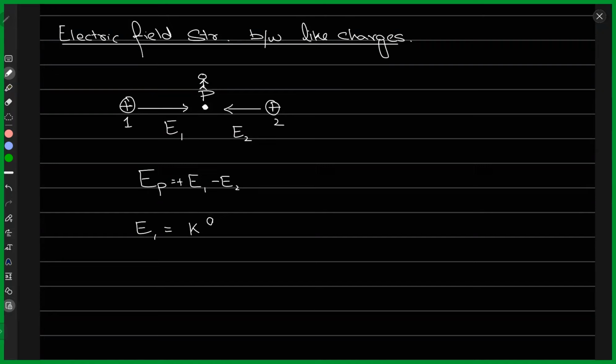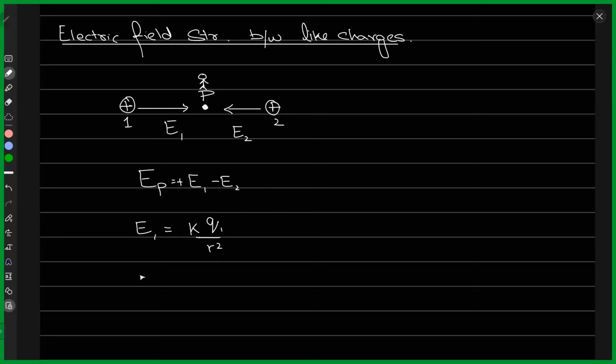It would be kQ1 divided by r squared. Since it's coming from a positive charge, it's outwards in this direction, so there is a positive sign with this. So the electric field created by the positive charge is positive.